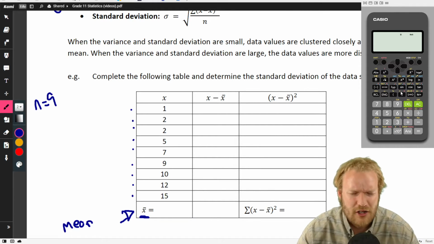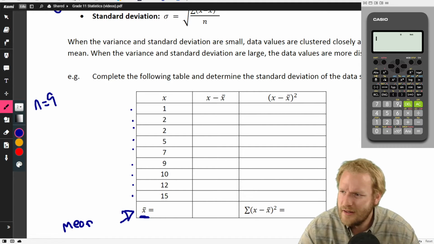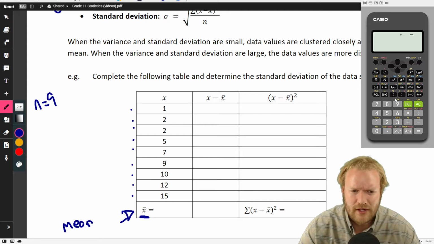Something's funny with the calculator, we know how to clear, shift 9, because there's the clear button over there. So if you click shift and then that.